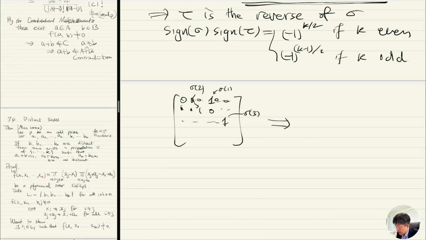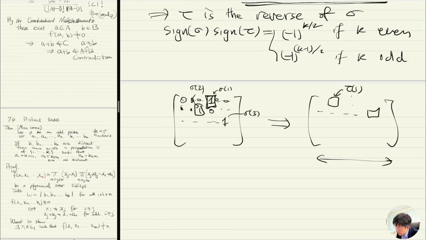How do I get tau? It's just a flip. You flip left and right. If this is sigma 1, then this will become tau 1. If this is sigma 2, then this will become tau 2. If a 1 was in the first column, it will become the last column, etc. So you flip the matrix left and right. The determinant of this is the sign of sigma, and the determinant of that is the sign of tau.